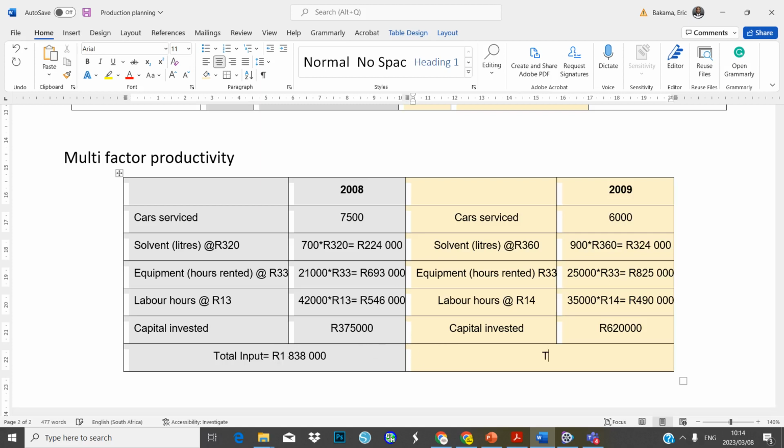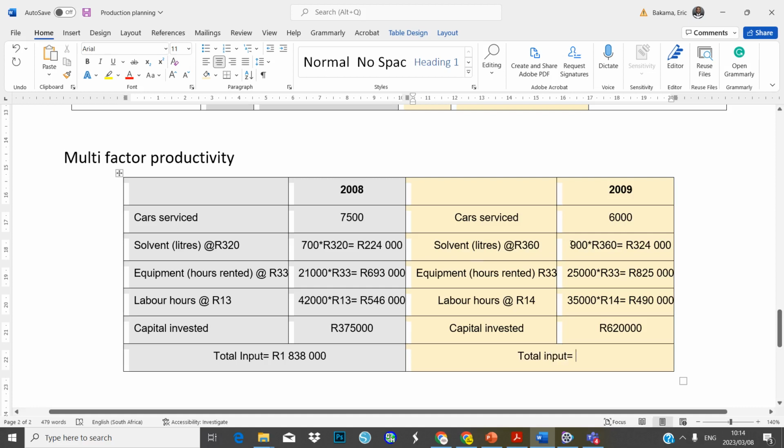So we still do the same thing for 2019. So the total input will be the total of everything in rand here, all the input, which is going to be the 324,000 plus 825,000 plus 490,000, plus the capital invested, which is 620,000.